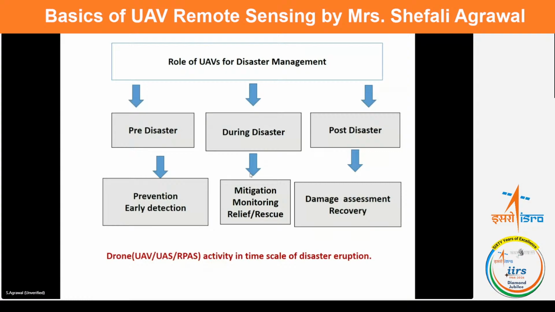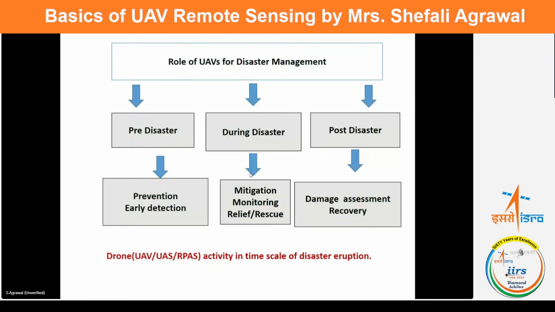When people were trapped in the tunnel, drones were used for finding where the people were trapped and for relief and rescue operations. Post-disaster, it's very handy because instantly we can collect the data and estimate where the damages are, and accordingly actions can be taken.